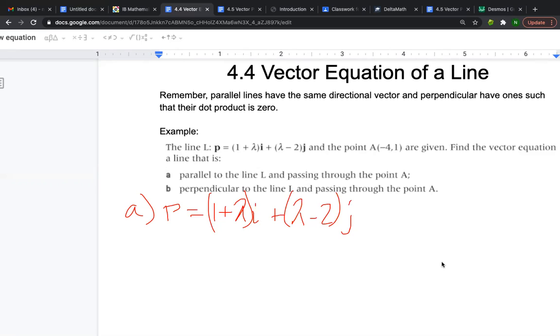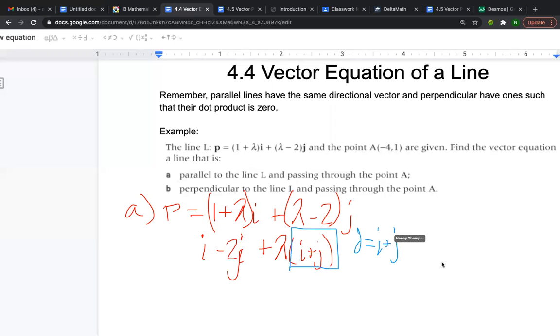So I have 1 times i, and then you would have plus lambda i plus lambda j minus 2j. So now I have that. If I pull out the lambda from that lambda grouping that I just said, I would have just i plus j. Okay, so now I know that this here is my directional vector. So I can say that D is equal to i plus j.